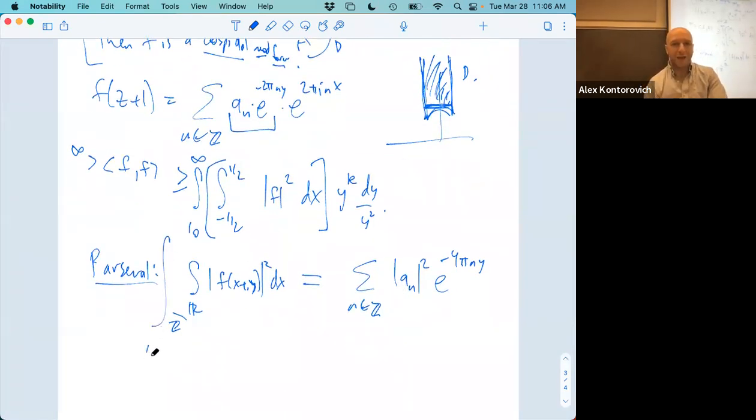Now I integrate from 10 to infinity, multiply by y to the k dy over y squared. Of course, I'm going to interchange summation and integration.